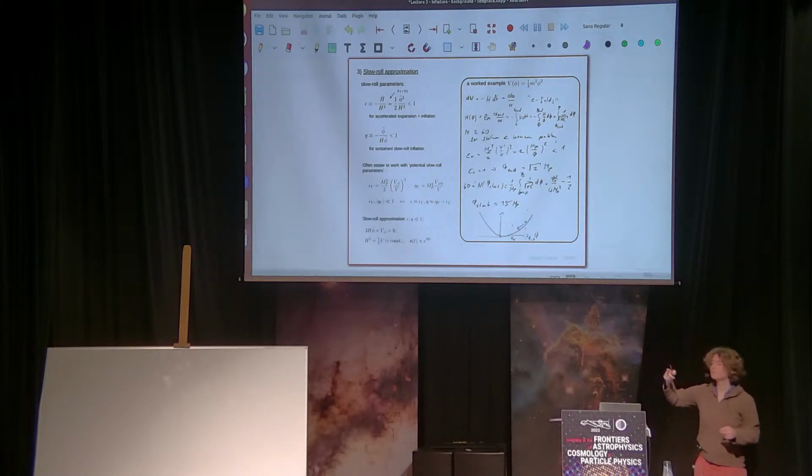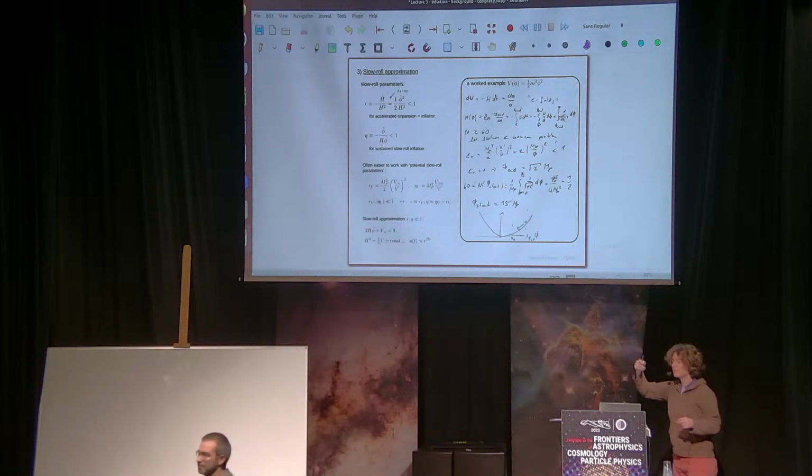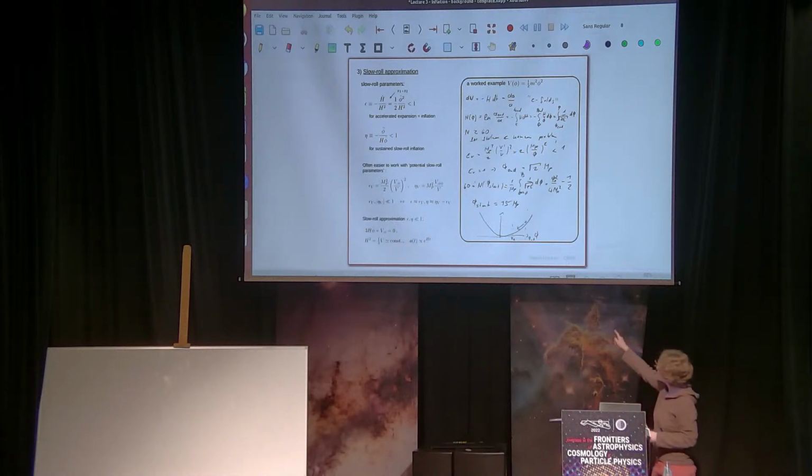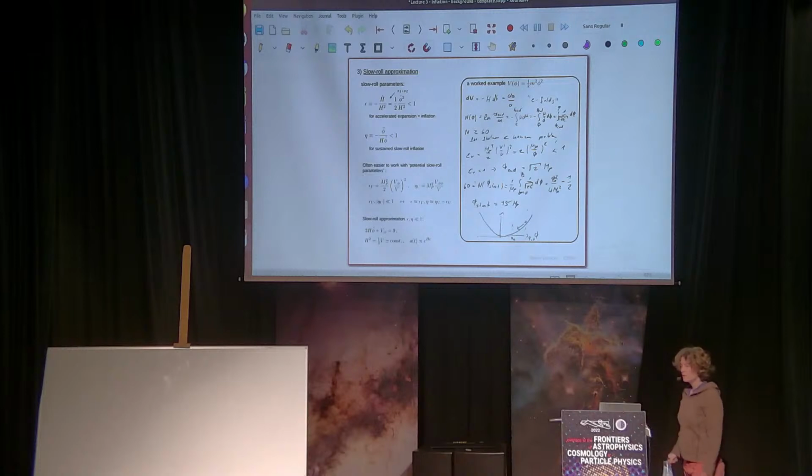There's another question there? I'll just repeat. Okay, the question is whether eta smaller than 1 is a condition? Yeah, it's a condition. Strictly speaking, the real condition is that you want epsilon smaller than 1, which means an accelerated universe, for a sufficiently long period of time, where sufficient means 60 e-folds in order to solve the horizon and the flatness problem.